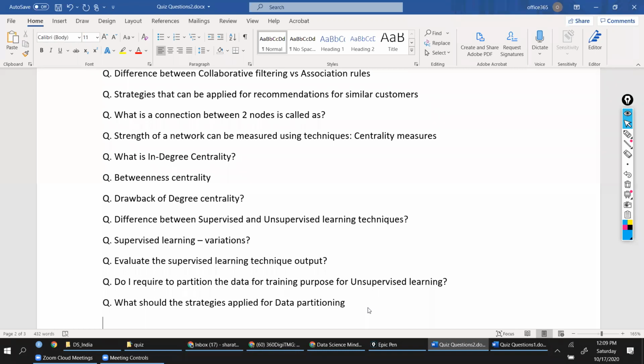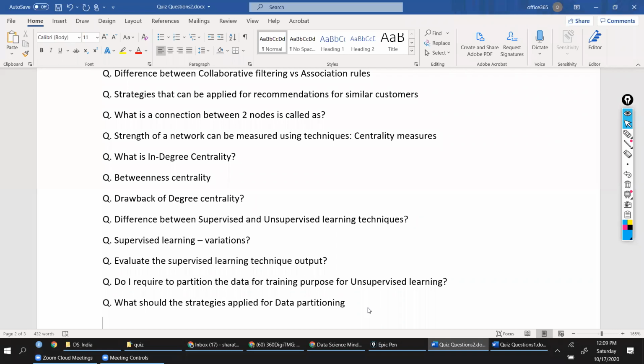Now, if your output or your variable of interest is numeric in nature and continuous in nature, then we apply random partitioning. We apply random partitioning.